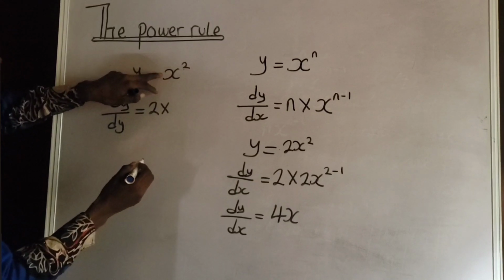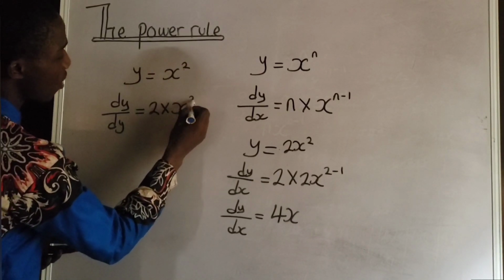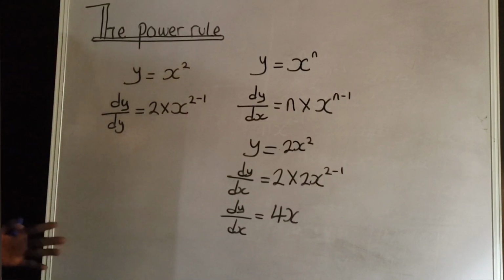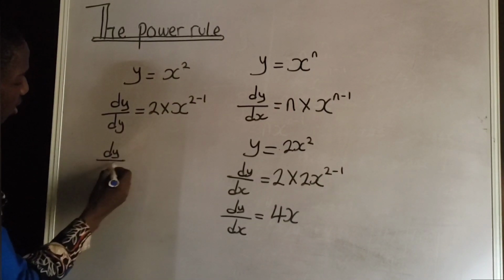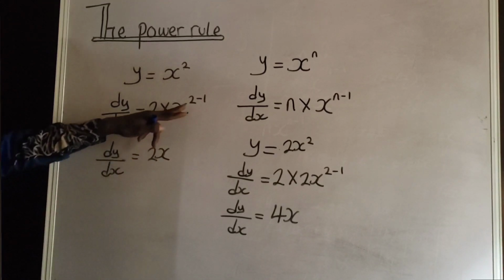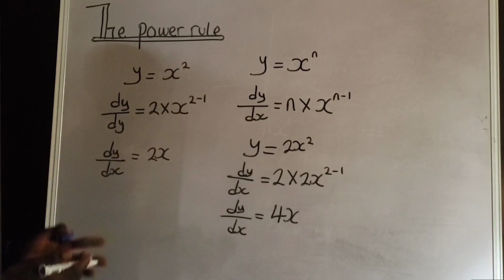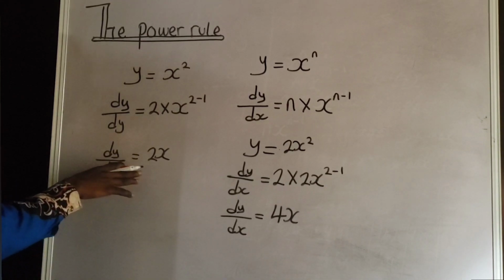Don't forget that the coefficient of x in this case is 1, so 2 multiplied by 1x is also x. So 2 multiplied by x raised to the power of, the power will reduce by 1. So I'm going to have dy all over dx is equal to 2x. Don't forget that x raised to the power of 2 minus 1 is x raised to the power of 1, and x raised to the power of 1 is x. In that case, I'm going to have 2x.